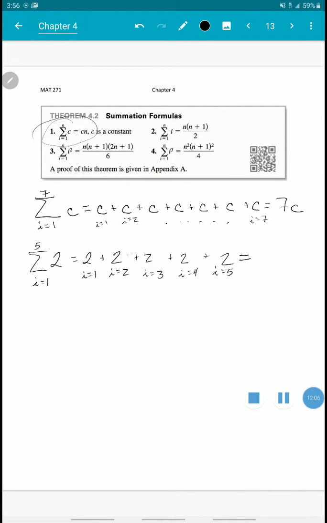So we have 1, 2, 3, 4, 5 of those 2's. So we have the number 2, and we have 5 of them. So you can see where this would come from if we were to put numbers in here, or even do it with c notation where c is some kind of constant.